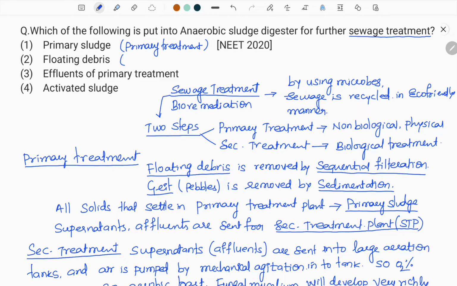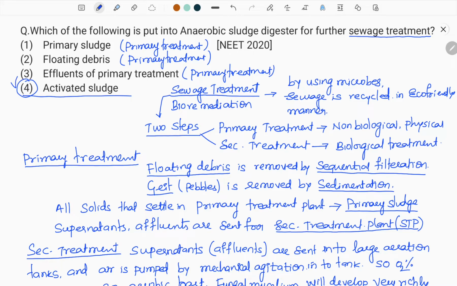I told you floating debris is removed by sequential filtration, so it is also part of the primary treatment. It is also not the answer. And the third option, effluents of primary treatment, is also primary treatment. So the options are given very easy. They did not go into secondary treatment. So the answer here is activated sludge.